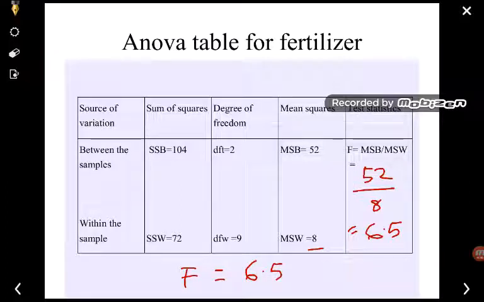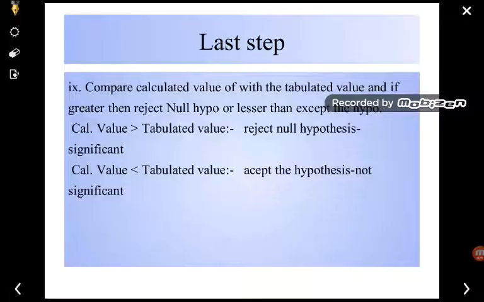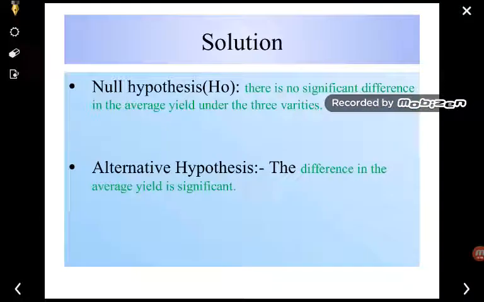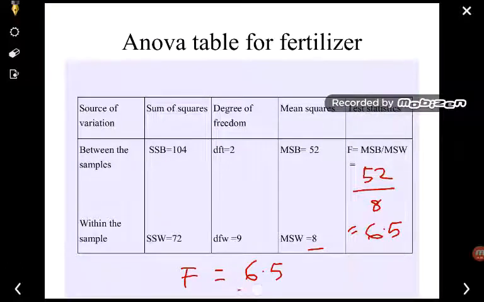Now the last step in the calculation of the ANOVA is that we have to compare the calculated value with the tabulated value. So what is the tabulated value? At 5%, what is the F given? That is 4.26. And what we got as the calculated value is 6.5.